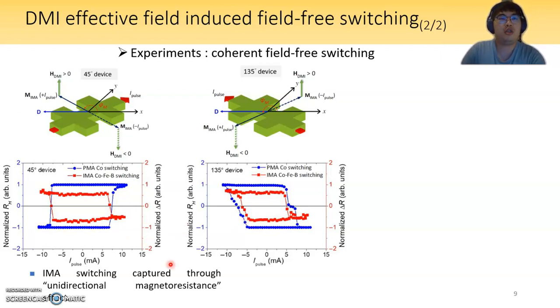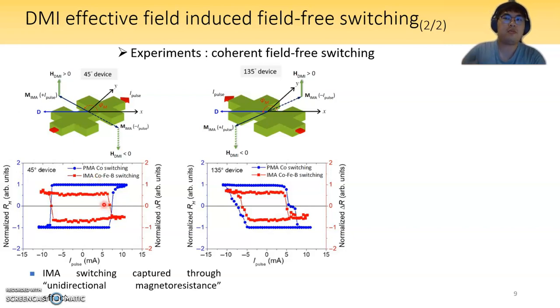Our model also suggests that the PMA and IMA should exhibit coherent switching, as indicated by the MOKE results. To verify this, additional current scans are performed, and we use the unidirectional magnetoresistance effect to probe the IMA's magnetization states. As we can see in the red data sets here and here, the critical switching currents of the PMA and IMA magnetization are a good match.